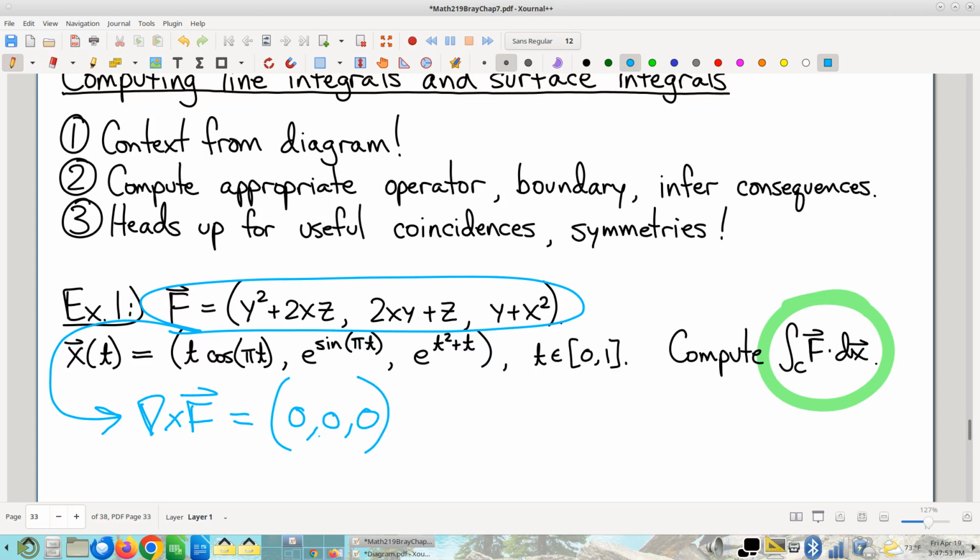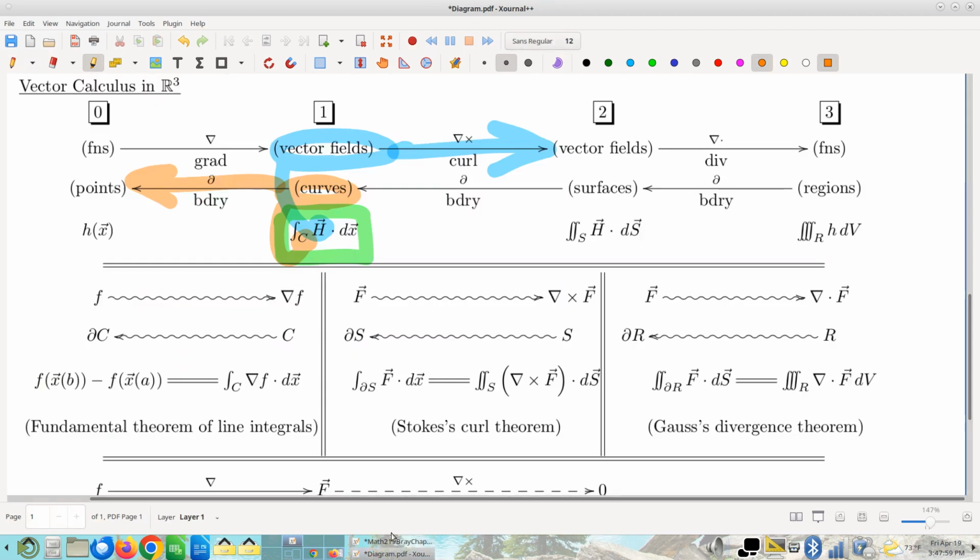Okay, now, so what? Is that a good thing? How does that help us? What do we conclude from that? Well, back to the diagram. As instructed, we computed the curl. We got 0. And now we recall from our many properties that we know about what happens when curl is 0. Among them, there is a function whose gradient is that vector field.